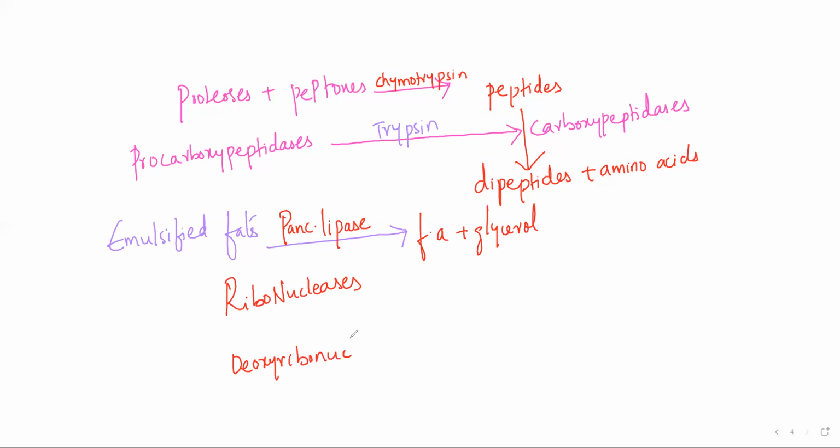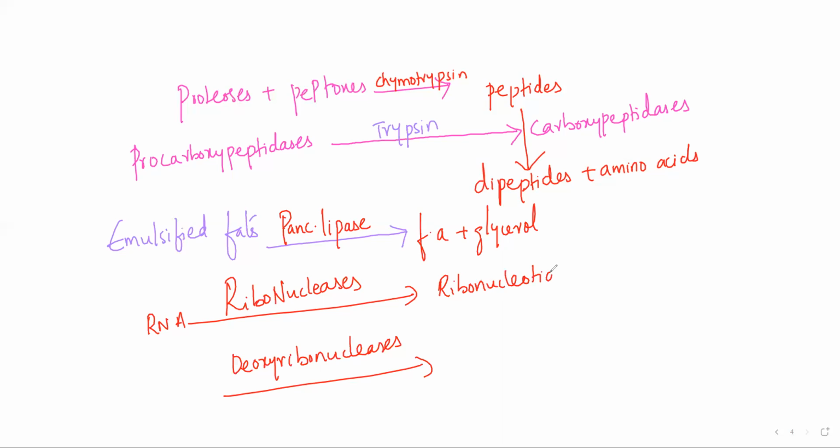These are the ones which are going to act on the RNA present in the food, converting it into ribonucleotides respectively. And the DNA will be converted into deoxyribonucleotides. This is all seen together in the bile juice and the pancreatic juice.